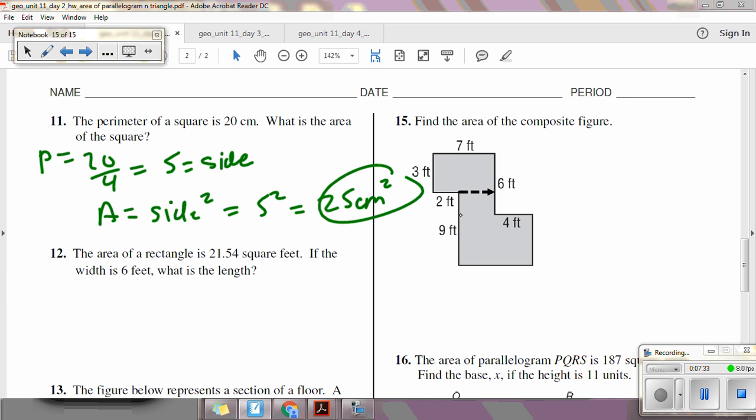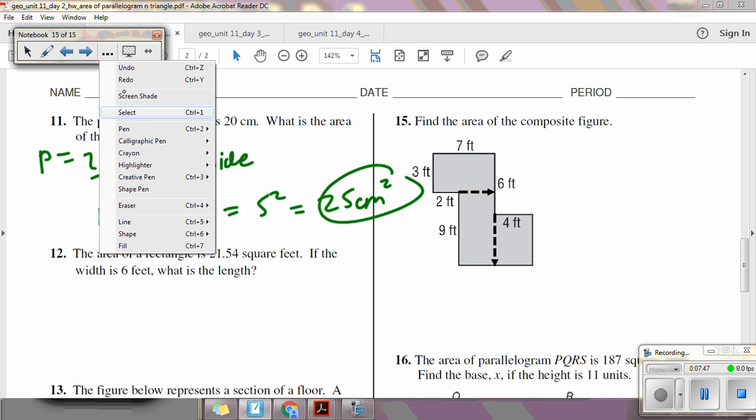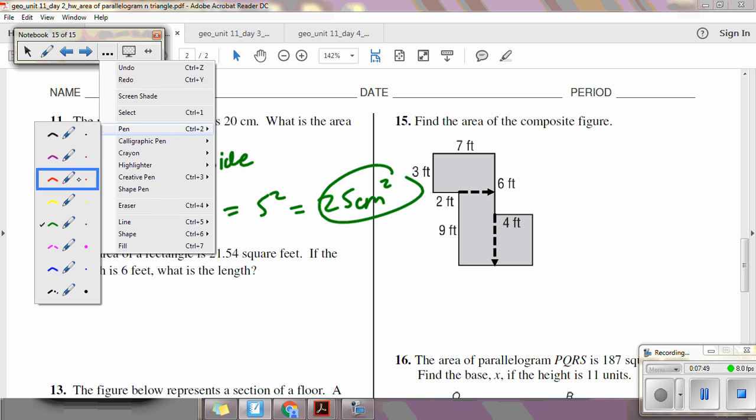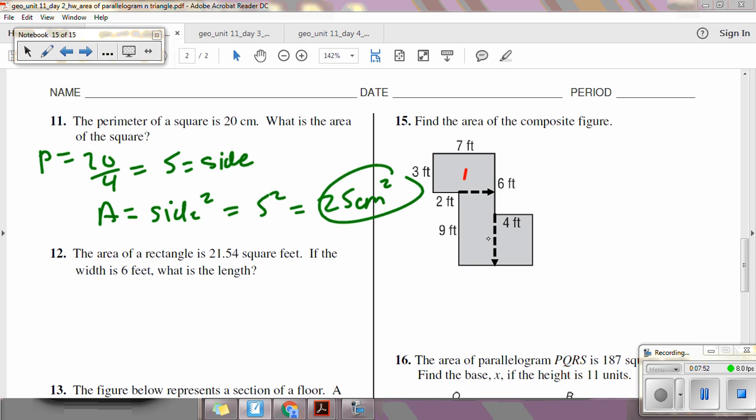And I could cut across right here, or I could come straight down, which would probably be better. So it looks like 3 rectangles. So I would find the area of each one and then add them together. So area of rectangle 1 plus area of rectangle 2 plus area of rectangle 3. Since they're all rectangles, they all use the same formula, base times height.